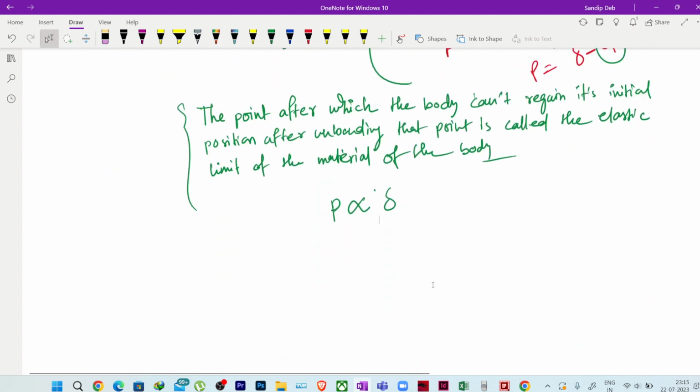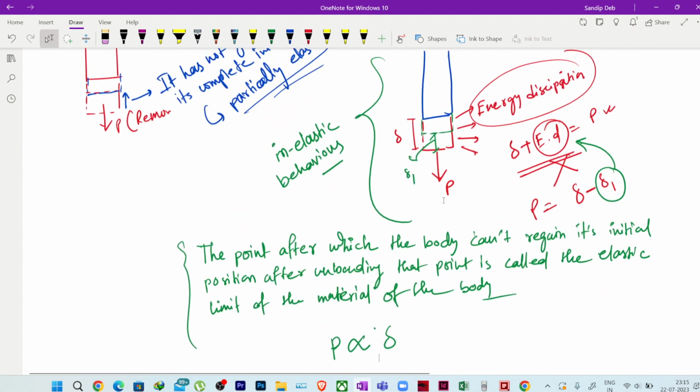Okay, obviously if you increase the load P or force P, what will happen? The elongation will increase. Obviously if it is beyond its elastic limit, it will not regain its position. If it is up to its elastic limit of the material, then it will regain its position. But it is linearly increasing. You increase 1 unit, here also elongation will increase 1 unit.